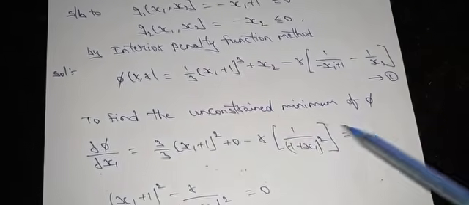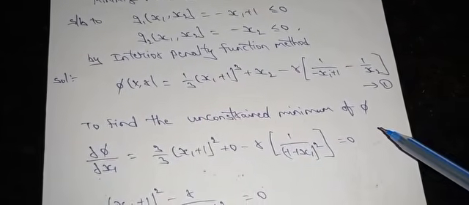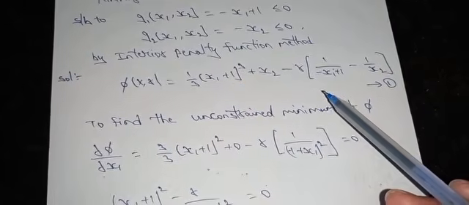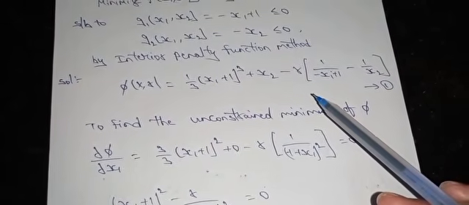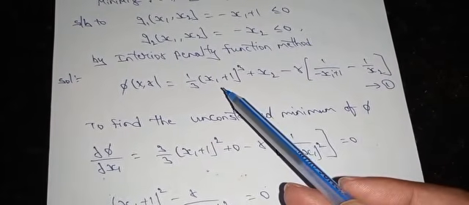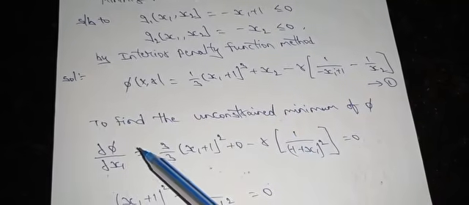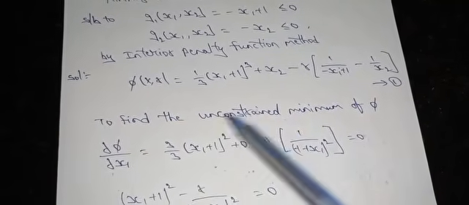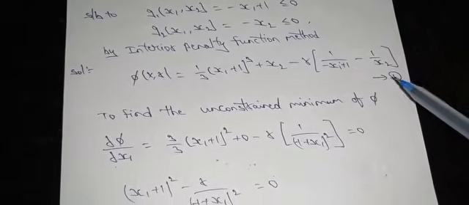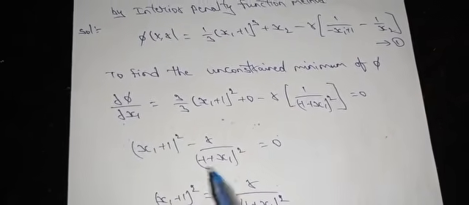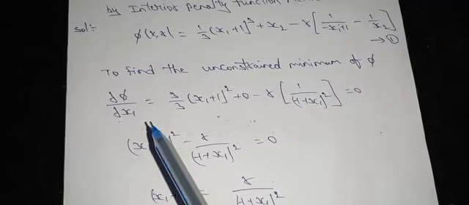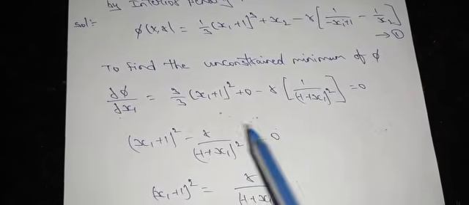To find the unconstrained minimum of function phi, differentiate this equation with respect to x1, because here the variable is x1. So dou phi by dou x1 is the differentiation of equation 1. After differentiating we set dou phi by dou x1 equal to 0.